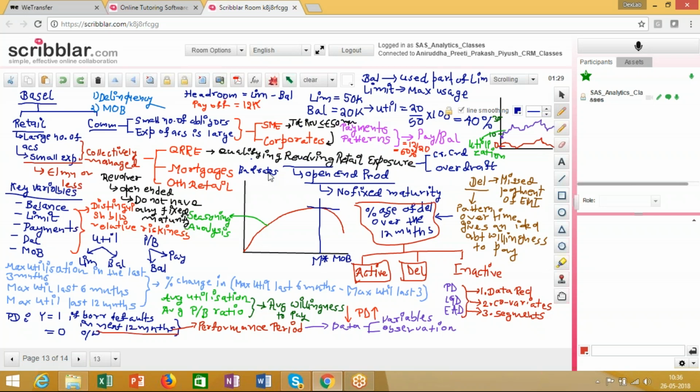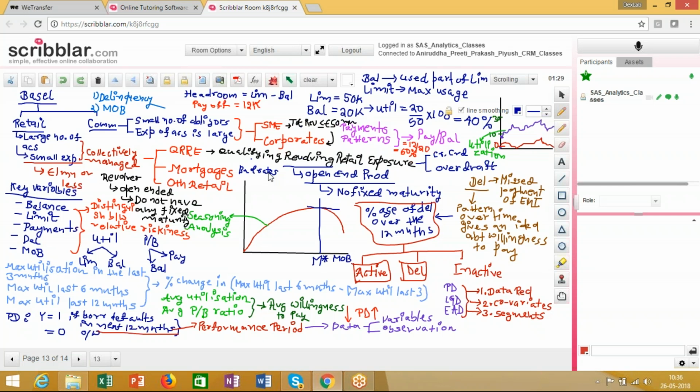The retail portfolio is subdivided into three sub portfolios: QRRE, mortgage, and other retail. Within QRRE, you have qualifying revolving retail exposure. The second is mortgages. The third is other retail, right?